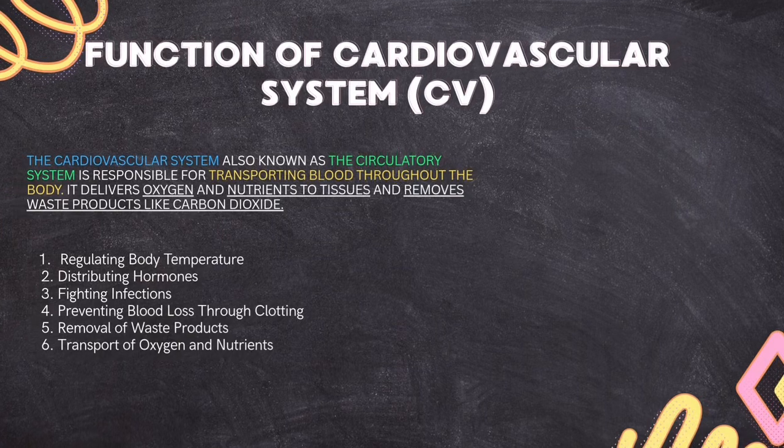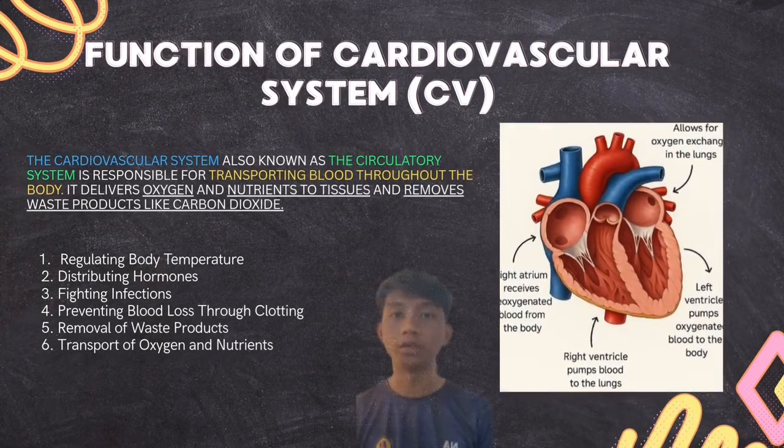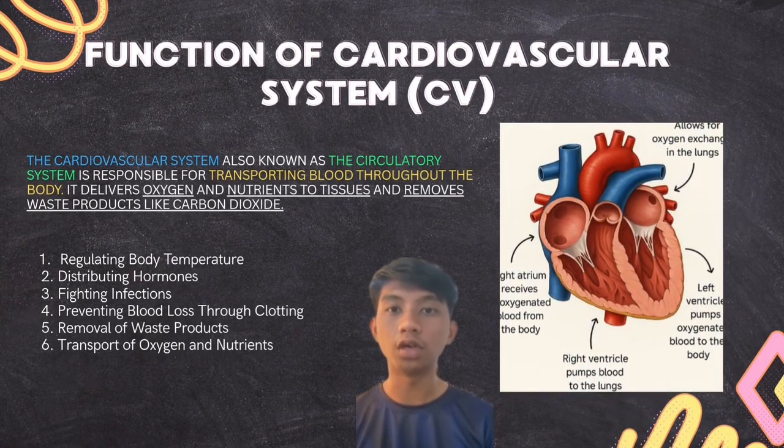Function of the cardiovascular system. The cardiovascular system, also known as the circulatory system, is responsible for transporting blood throughout the body. It delivers oxygen and nutrients to tissues and removes waste products like carbon dioxide and urea.